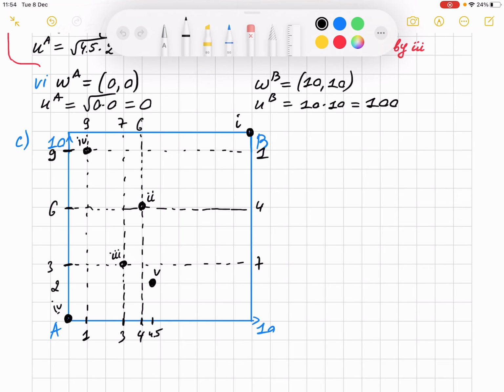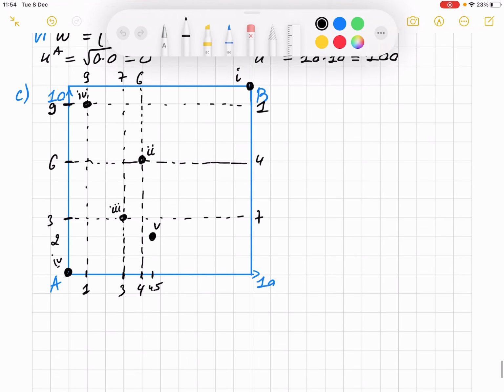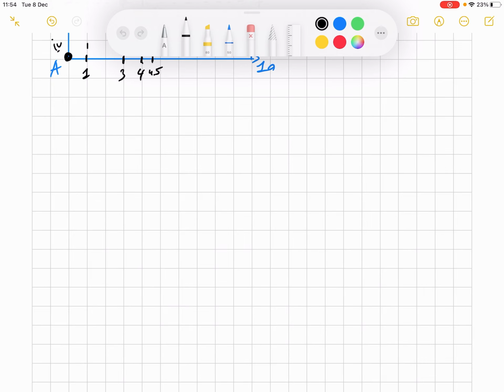Okay, so here are all the allocations, and then we also have to find which of them belong to the Pareto set. In order to do that, first we have to find the Pareto set, and you remember how we did it.